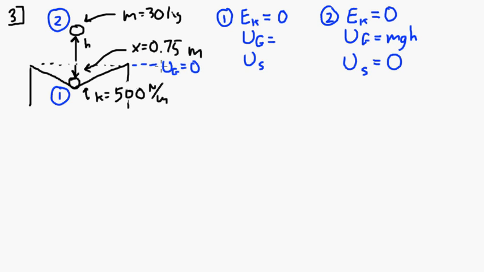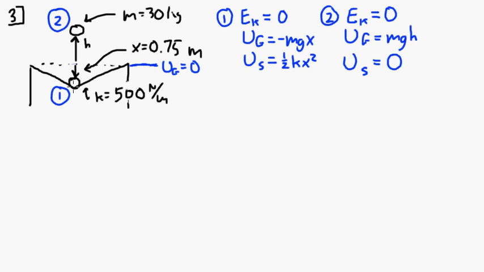To say that gravitational potential energy at 2 is mgh, we're then implying that gravitational potential energy at the bottom is not 0. It's actually negative mgx. And then the spring potential energy here is at its maximum, which is 1/2 kx squared. So it's compressed by x.